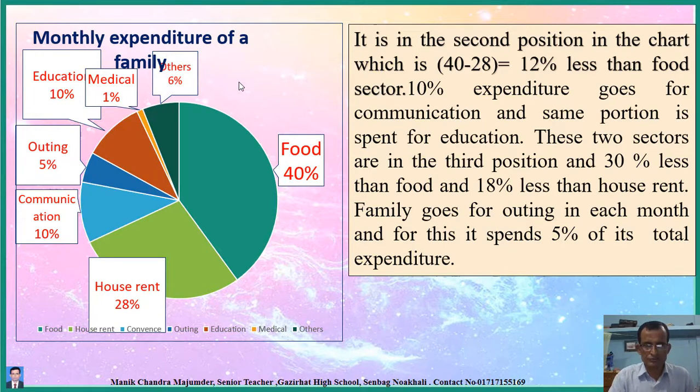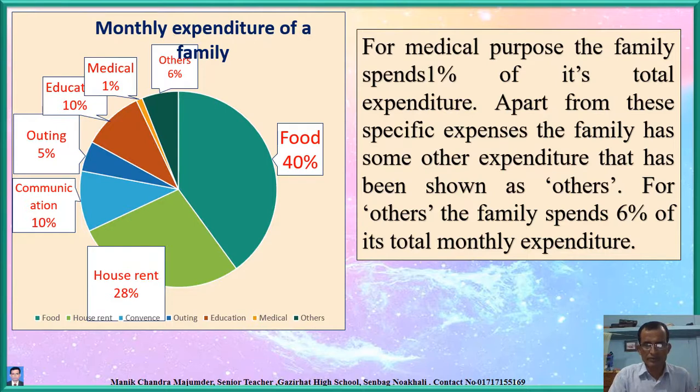These two sectors are in the third position and 30% less than food and 18% less than house rent. The family goes for outing each month, and for this it spends 5% of its total expenditure. For medical purpose, the family expends 1% of its total expenditure. Apart from these specific expenses, the family has some other expenditure that has been shown as others.